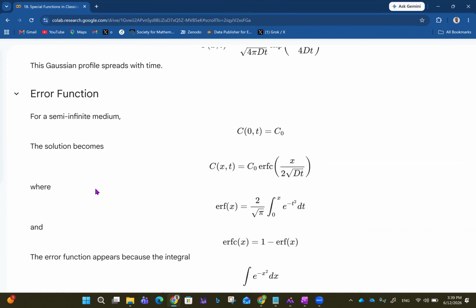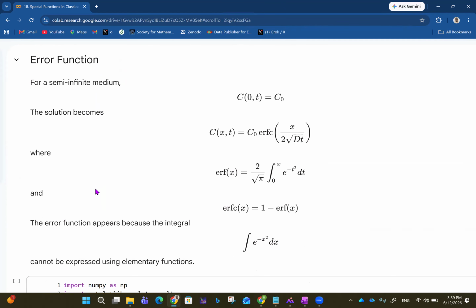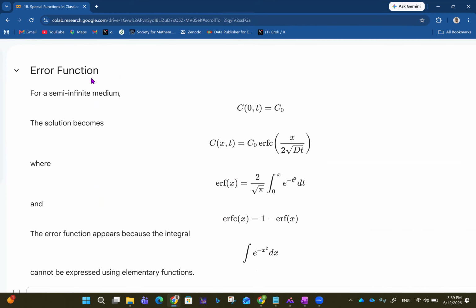We have the error function showing up here in the sense that for a semi-infinite medium, c of 0 comma t is equal to c0. So the solution becomes c of x comma t equals c0 times erfc of x over 2 square root of Dt, where erfc is the complement of the error function.